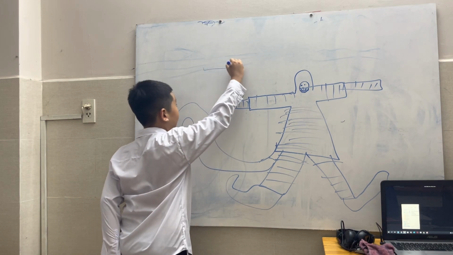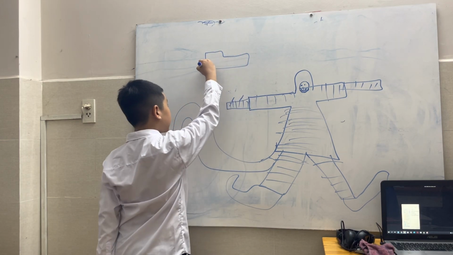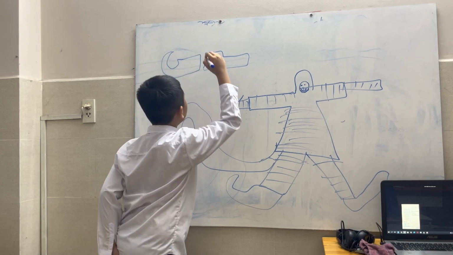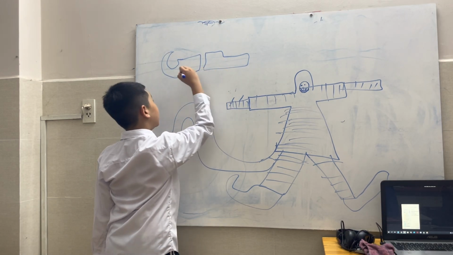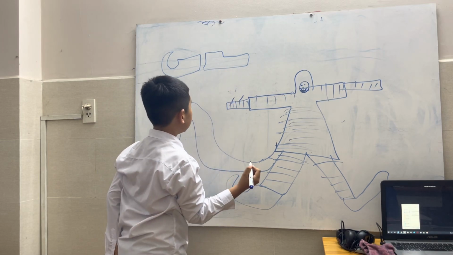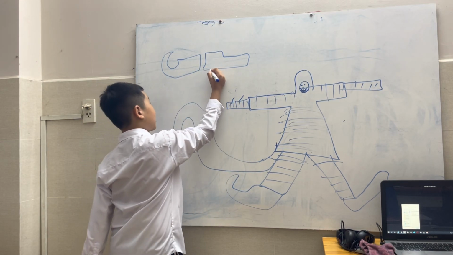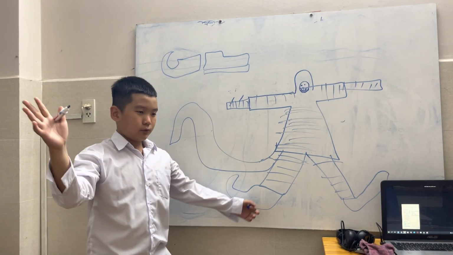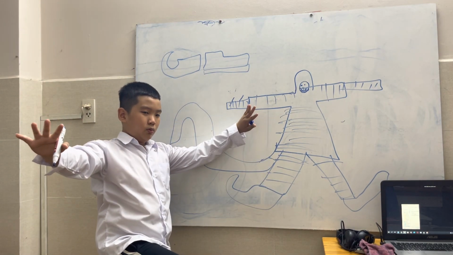So one boot is like this. And one boot is like that. Like a magical boot and an unmagical boot. So you should choose the unmagical, or else you'll be like this. Ooh, whoop, whoop.